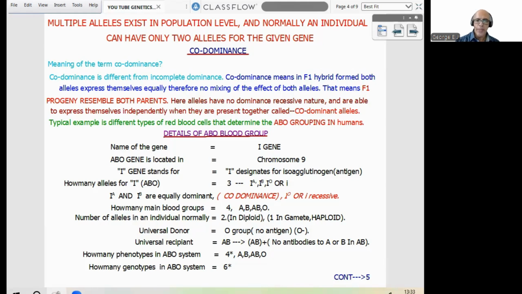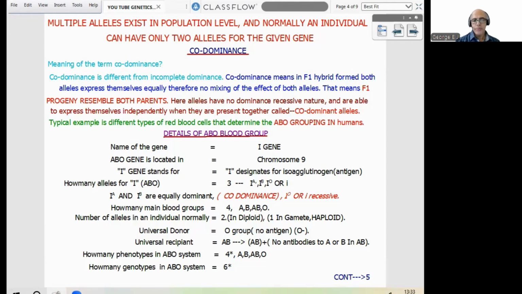How many main blood groups are there? 4. A, B, AB, O. The number of alleles in an individual is normally 2 in the diploid condition, 1 in a gamete, that is haploid. Universal donor, O group, no antigen, O minus. Universal recipient, AB, AB plus, no antibodies to A or B in AB.